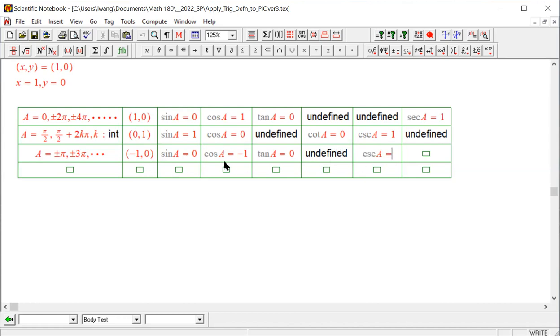Y is 0, therefore this is undefined again. This is the last one in this row. Secant of one of these angles is 1 over x. X is -1, therefore this equals -1.